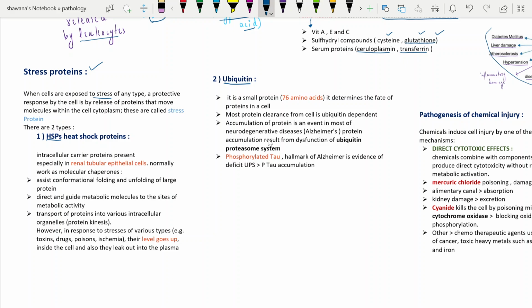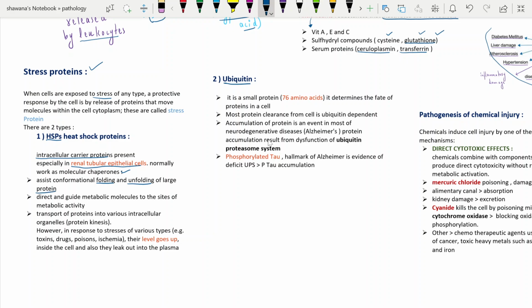What are heat shock proteins? These are the intracellular carrier proteins present in the renal tubular epithelial cells, like in the kidney, and they normally work as molecular chaperones. What are chaperones? Chaperones are the molecules which assist the folding and unfolding of large proteins.